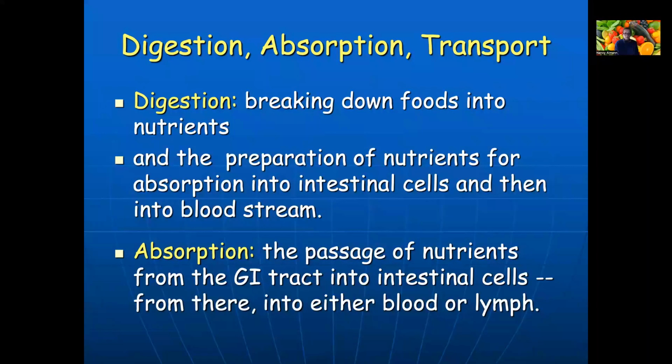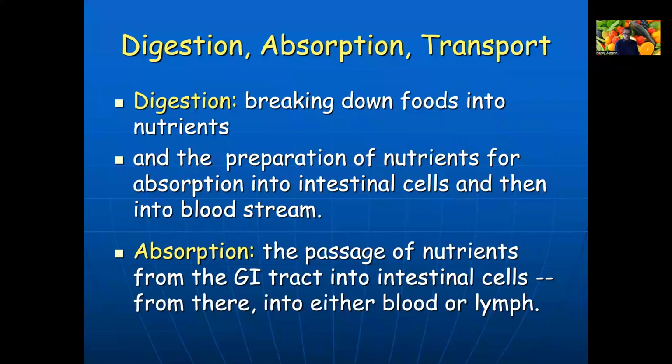That material is moved from intestinal cells, specifically cells in the walls of the small intestine, and then out into the circulatory system so the nutrients can be moved around the body, again, for production of energy, ATP, and the repair, maintenance, and growth of tissues.